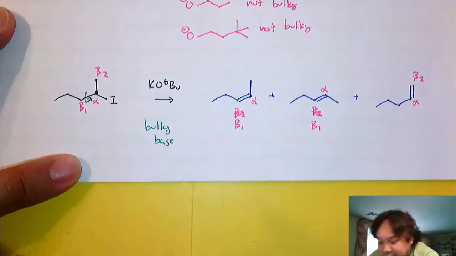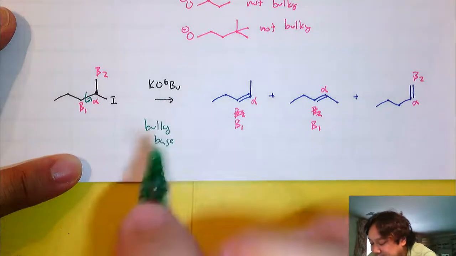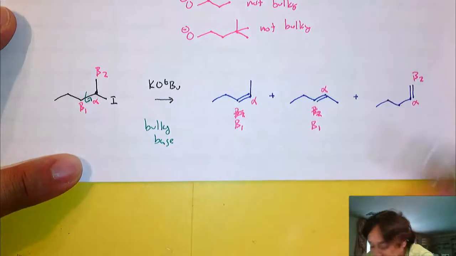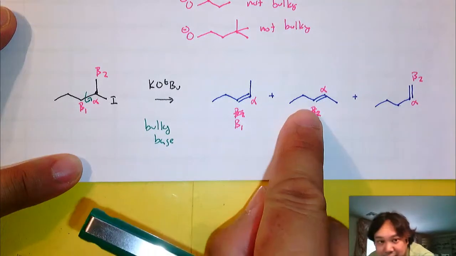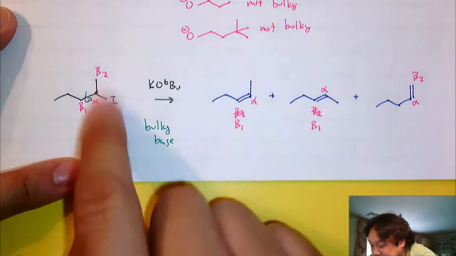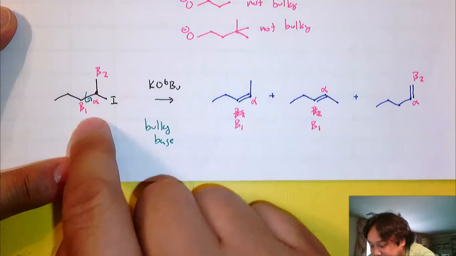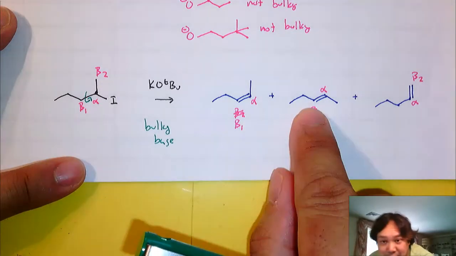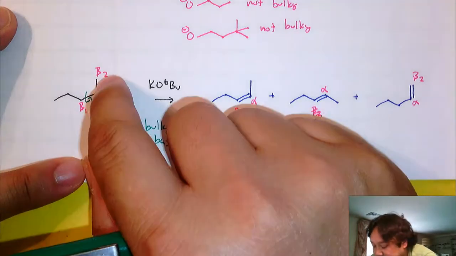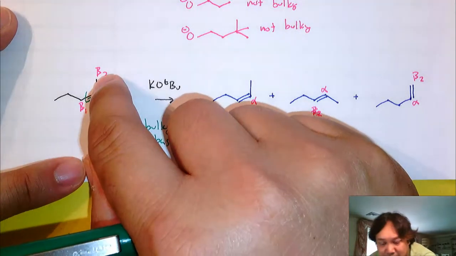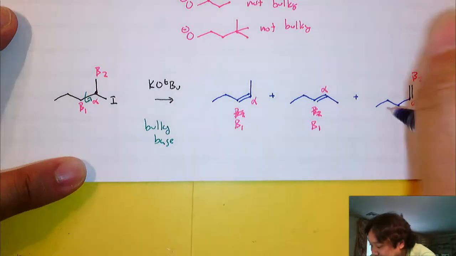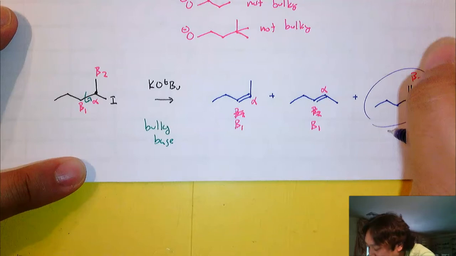Size doesn't make a difference when the base is small, and you actually go for the hydrogen that gives you the more stable alkene, which would be this one right here. So a small base can hit either one with equal probability, but you would preferentially make the one that is more stable. Because we're taking off the hydrogen on the less crowded carbon, we end up making the less stable alkene the major product.